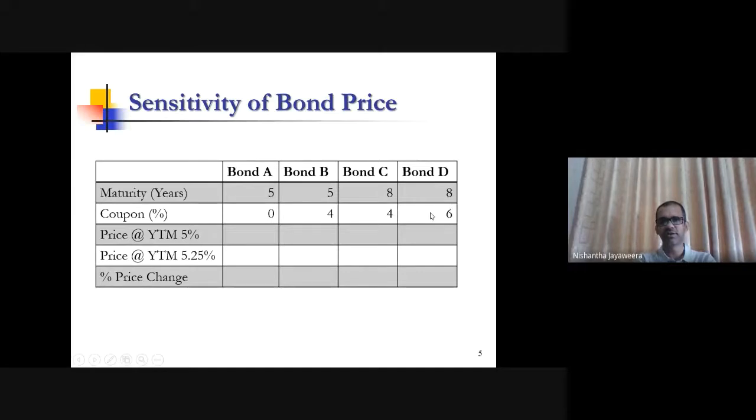Can you calculate the price of these 4 bonds when the yield to maturity is 5% and when it is 5.25%? Calculate the prices of these 4 bonds at these 2 different yields to maturity, then calculate the price change as a percentage. Can you do it now? I'll give you about 15 minutes.